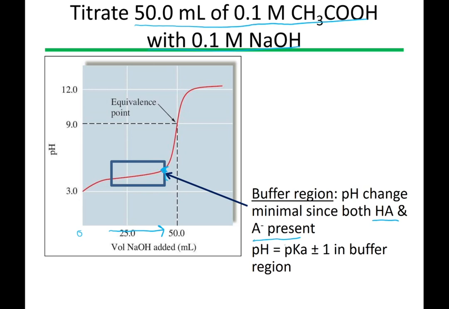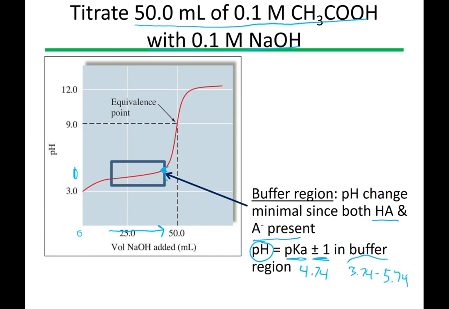This buffer region is going to be when the pH is within 1 of the pKa. Remember, for acetic acid, the pKa was 4.74. So what this means is that acetic acid would be a good buffer in the range from 3.74 to 5.74.